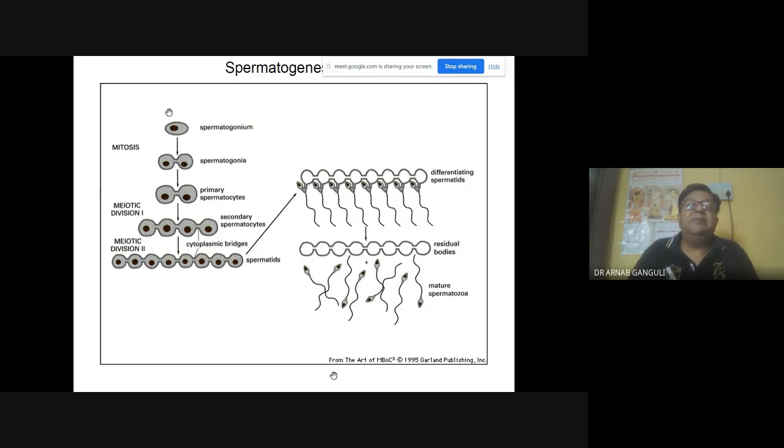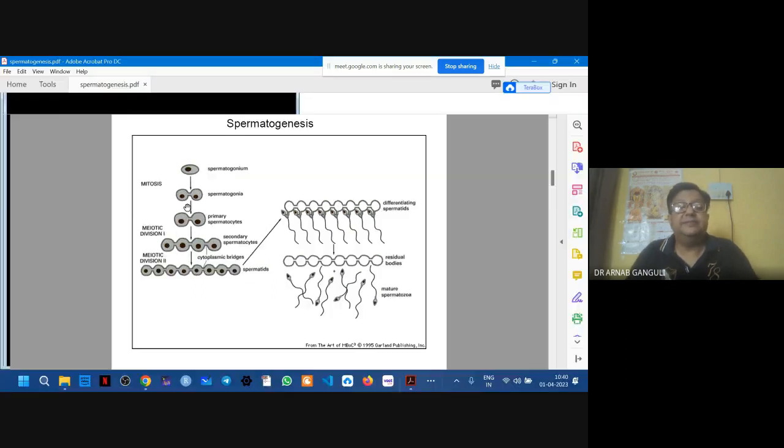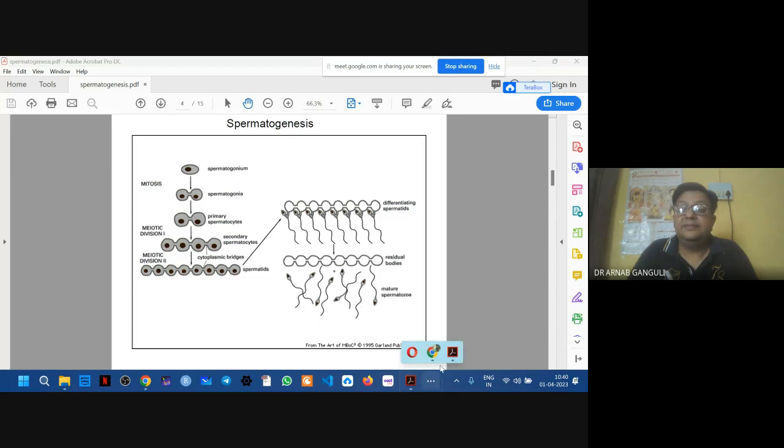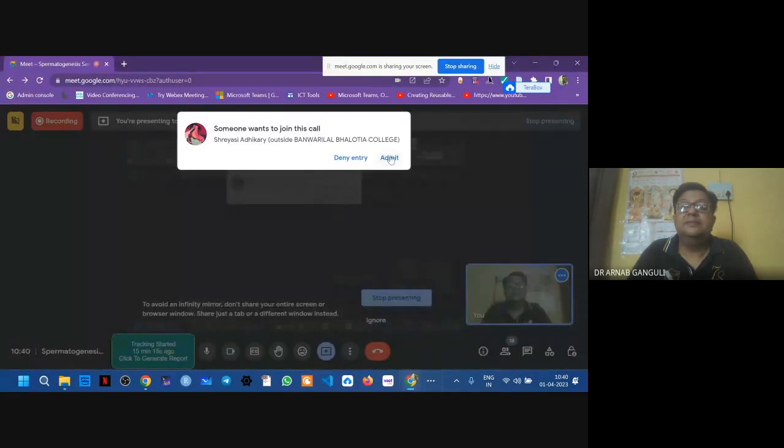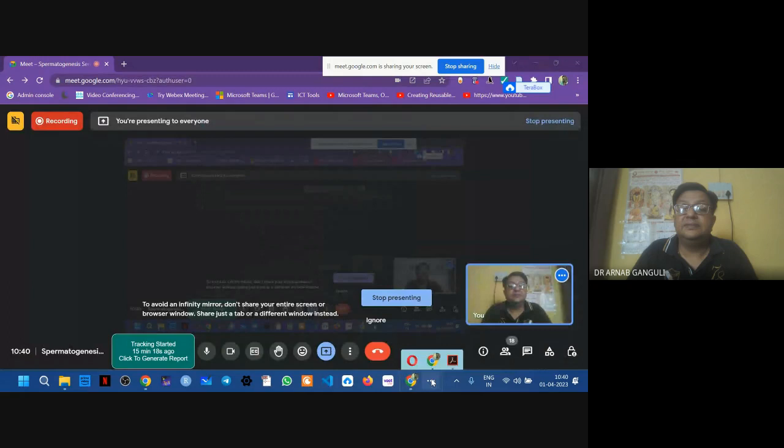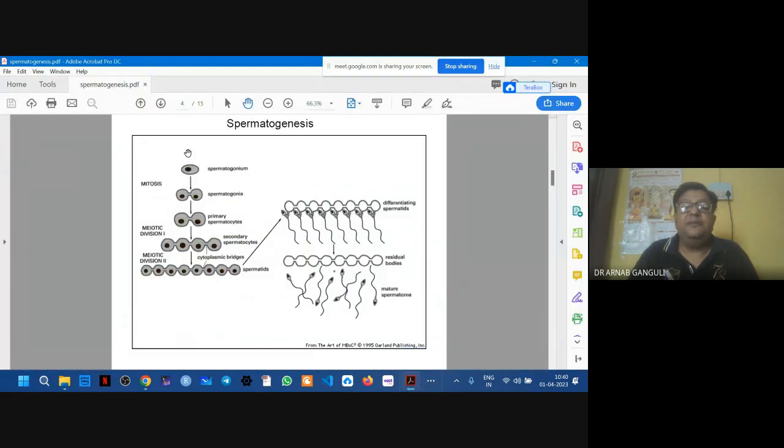Now, the spermatogonium or sperm mother cells, mitosis takes place and it forms two spermatogonia. There are different A, B type of spermatogonia. And this spermatogonia forms primary spermatocyte.